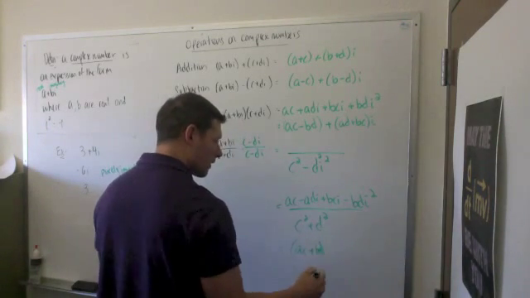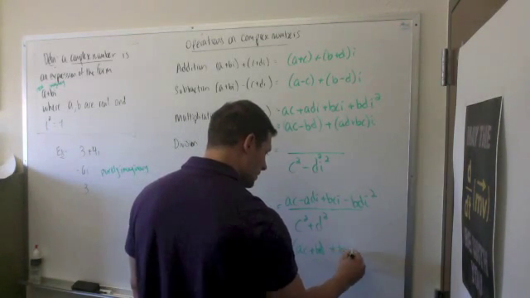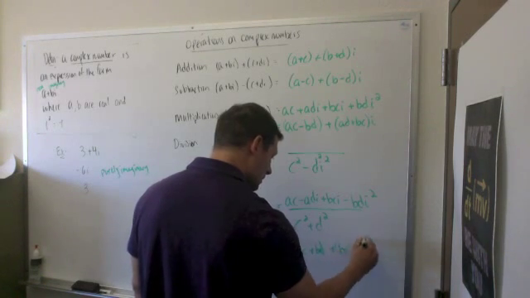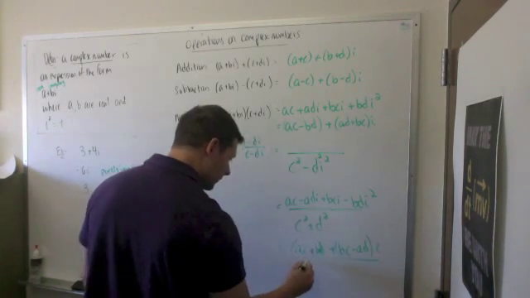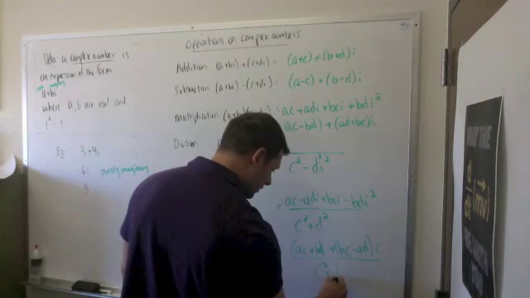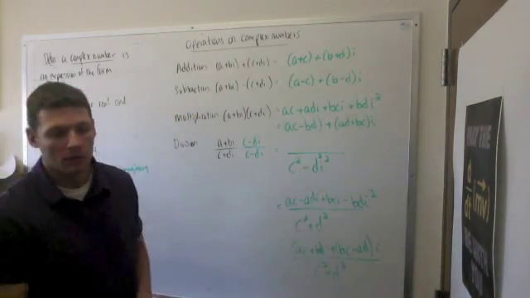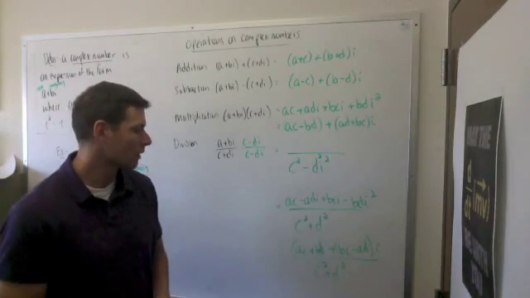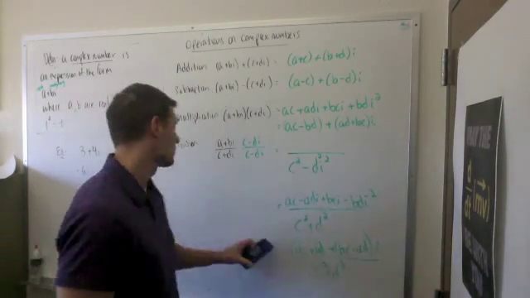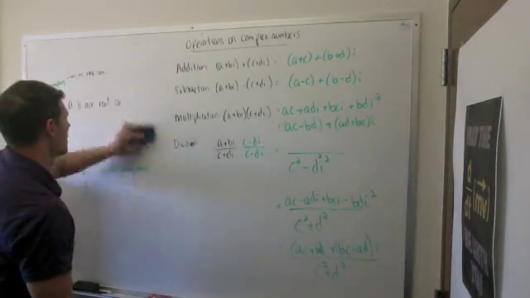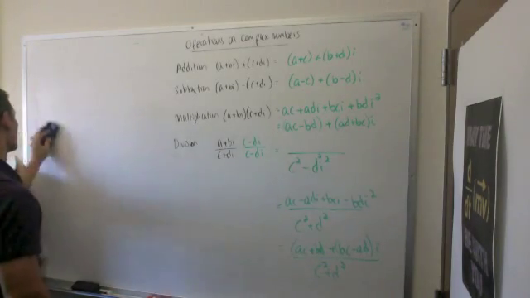Okay, and then I'll have plus bc minus ad i, all divided by c squared plus d squared. Okay, this looks a lot more complicated than actually doing operations on complex numbers. So let's take a look at a couple of examples of doing operations on complex numbers.